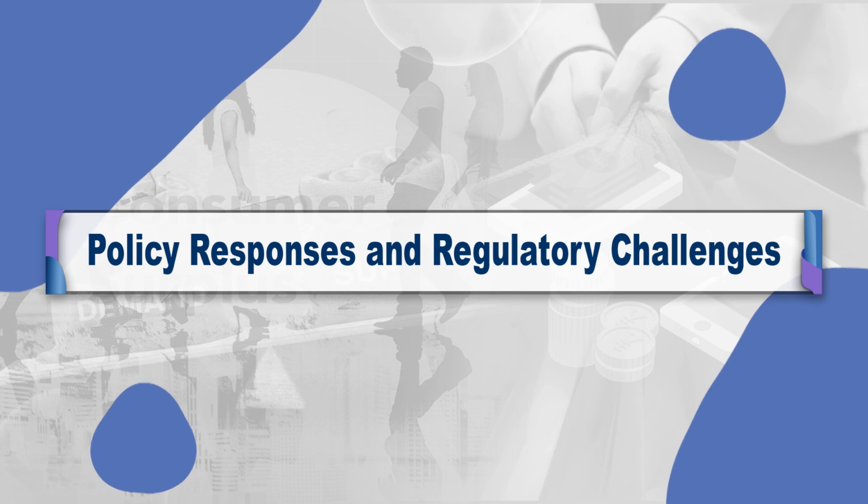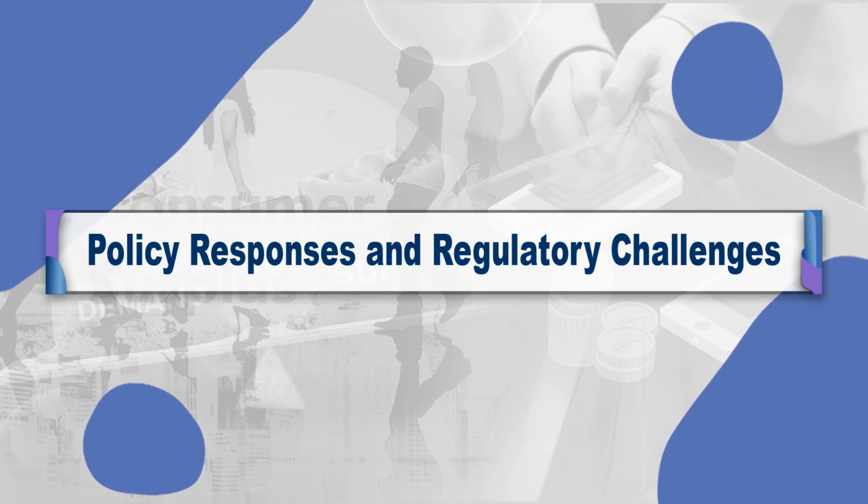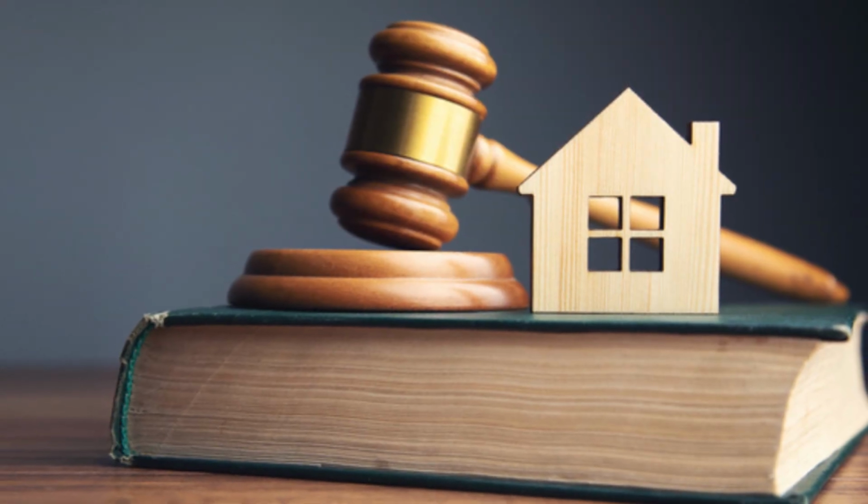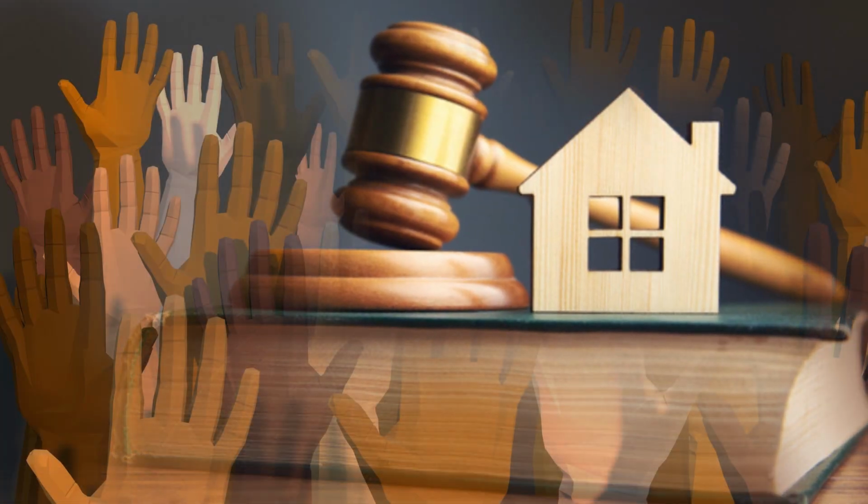Policy response and regulatory challenges for this kind of case. Policymakers often respond to negative effects of rent control by imposing additional regulations. For instance, laws may prohibit racial discrimination in housing and require landlords to provide minimally adequate living conditions. However, these regulations can be difficult and costly to enforce.